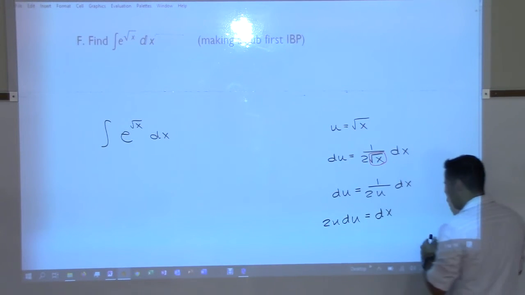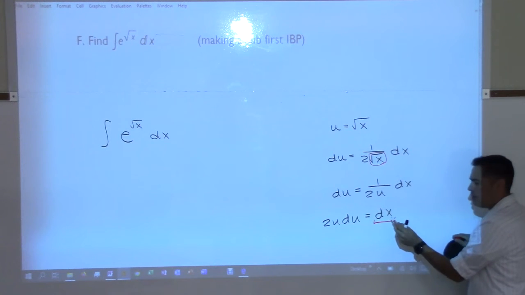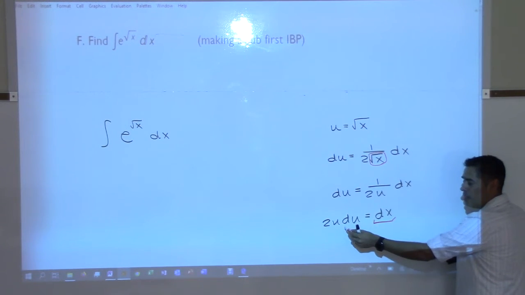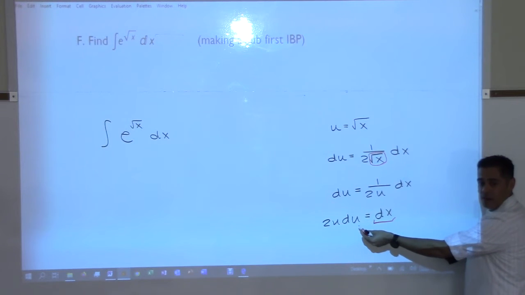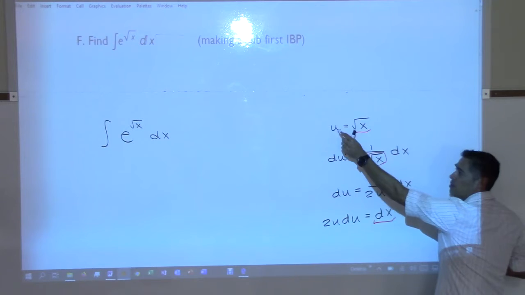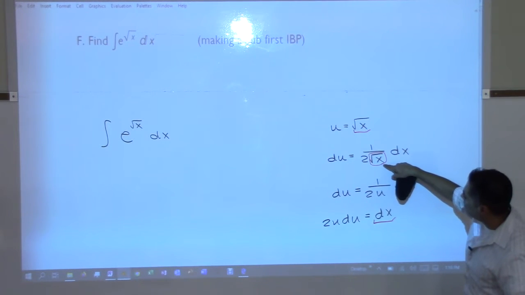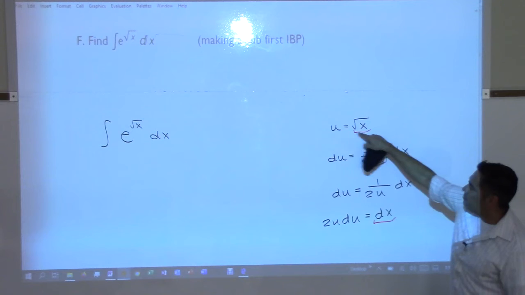And what we come up with is something that we can replace dx with. You see that? I can replace dx with this expression, and this expression has u and du in it. And I'm already going to replace this square root of x with the u, so I should be able to convert the entire integral over to things with u only. So the key to the problem is realizing that this right here can be swapped out for that.